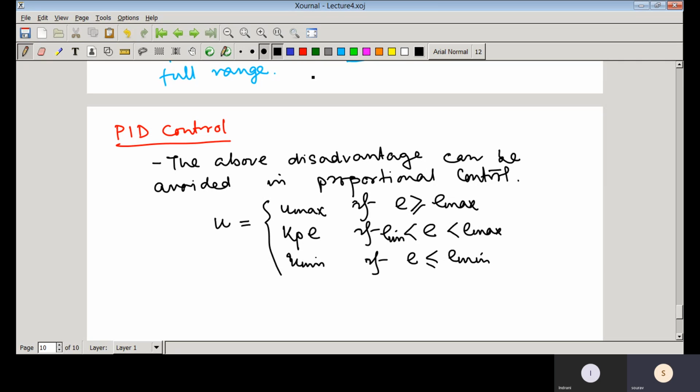So here this Kp is called the proportional gain. So this Kp is the proportional controller gain.